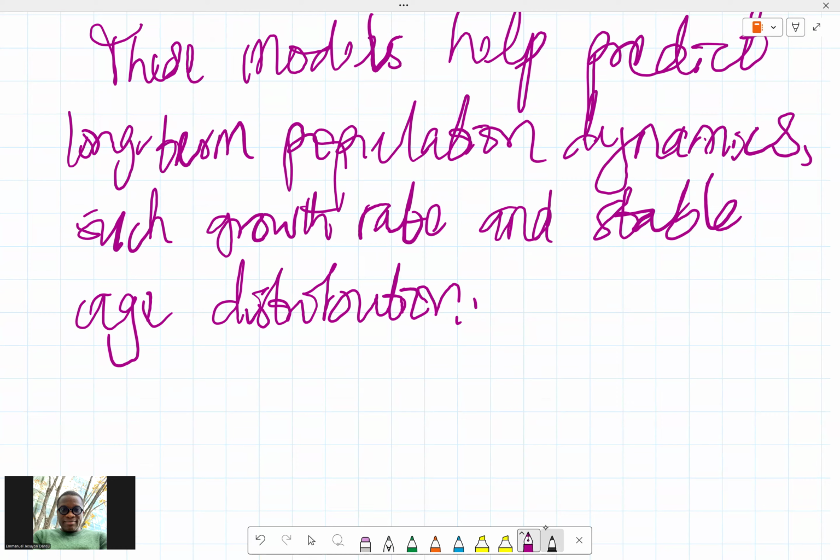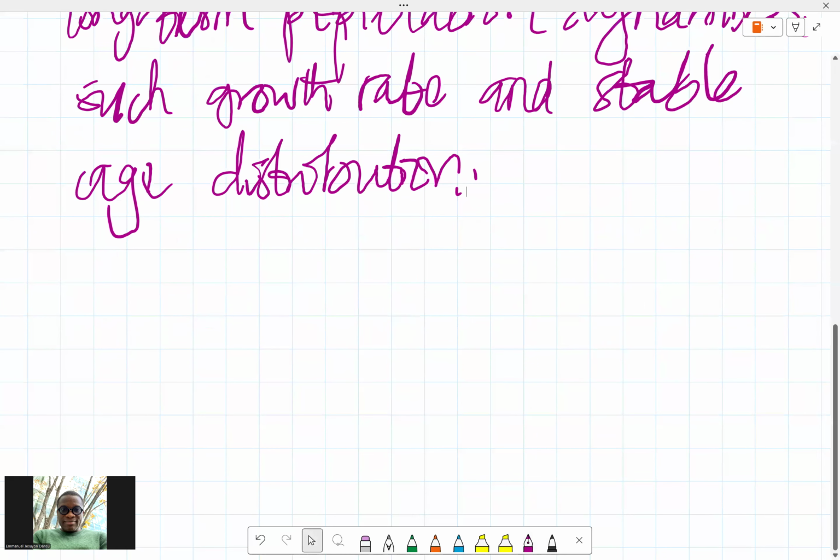With that said, let's take an example of a Leslie matrix model.